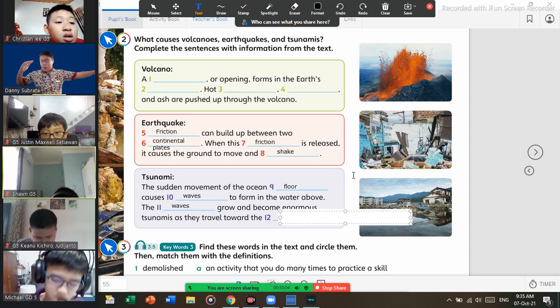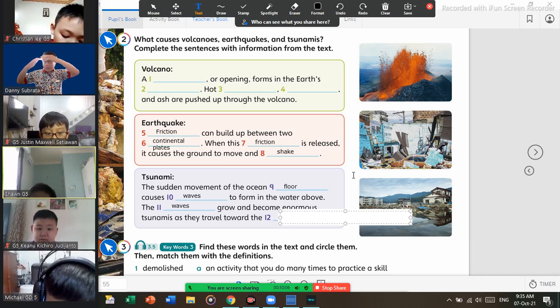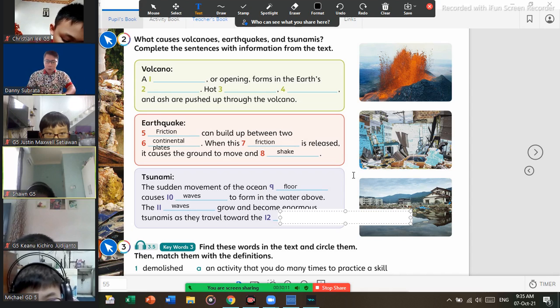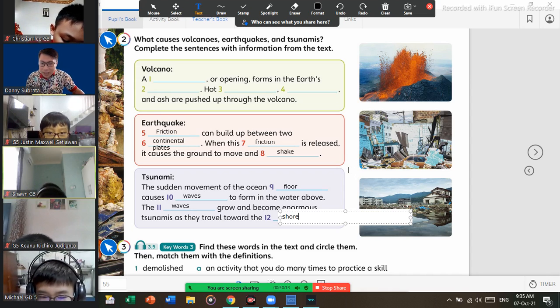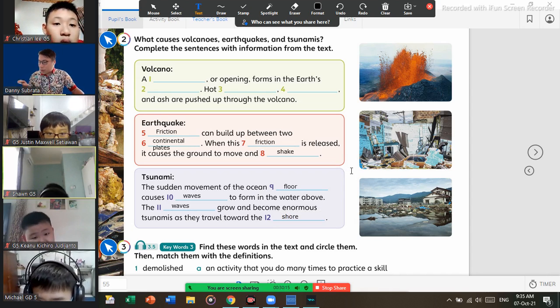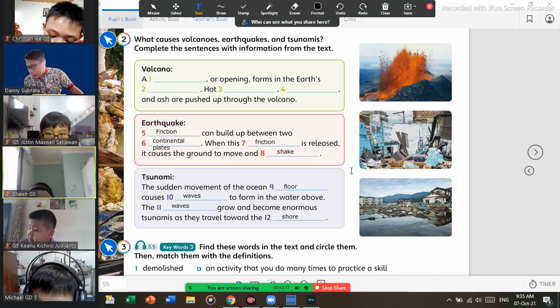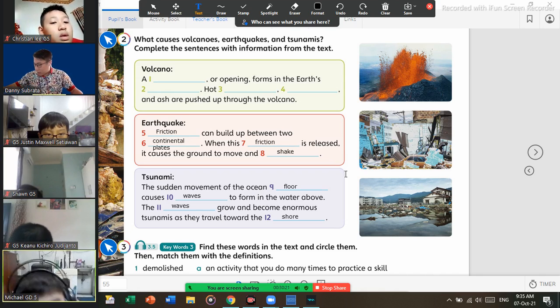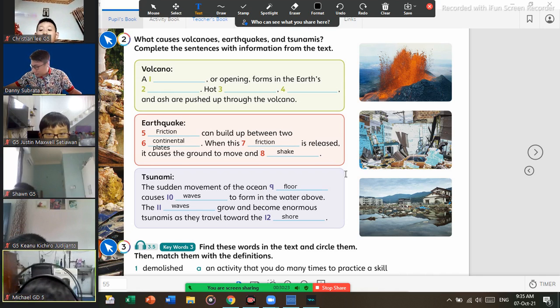Where will they go? If you go to the land, to the beach, or to the shore, okay, it's in the text too. If you want to know, it's also in the text. Okay, all right then.